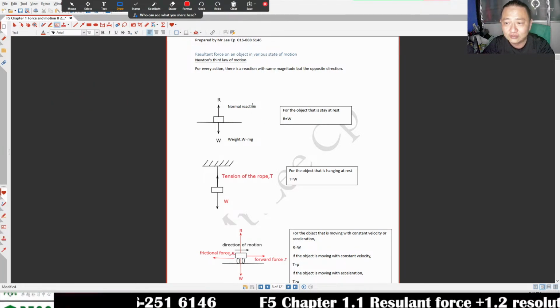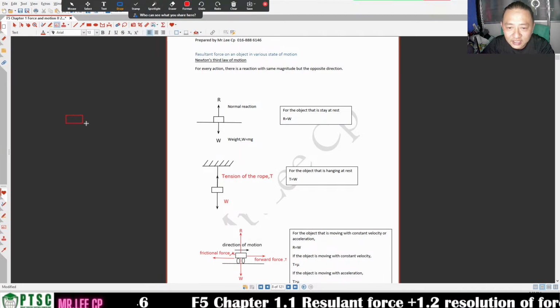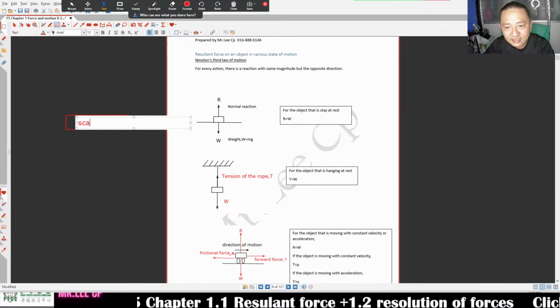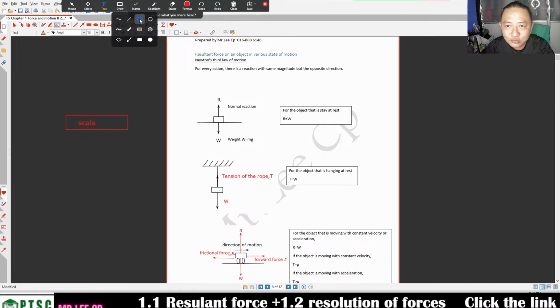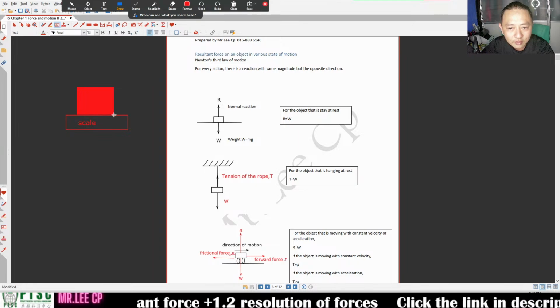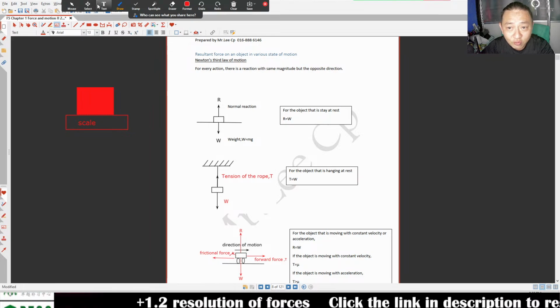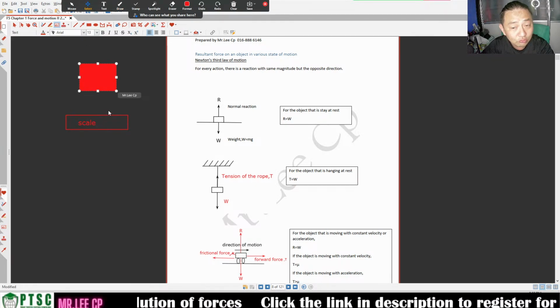Normal reaction. Meaning that, if I got one scale, and I put something of 10 Newton on it. Before I put this object on the scale, the reading will be 0.